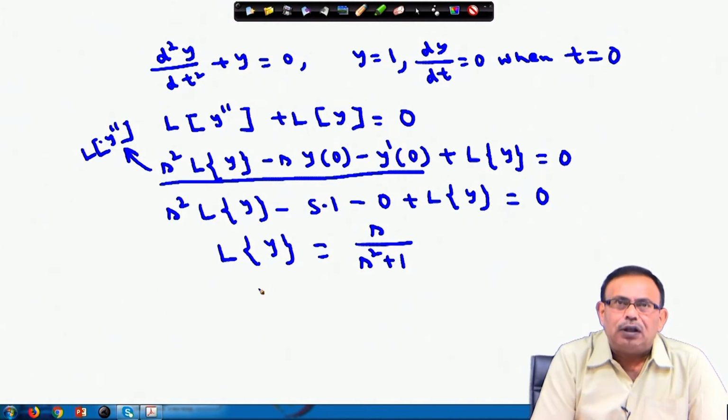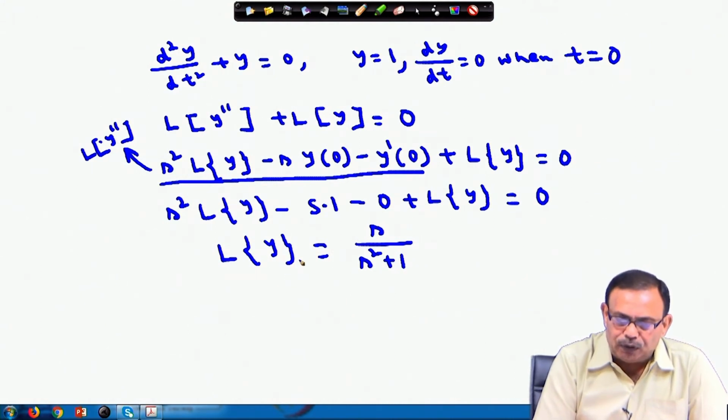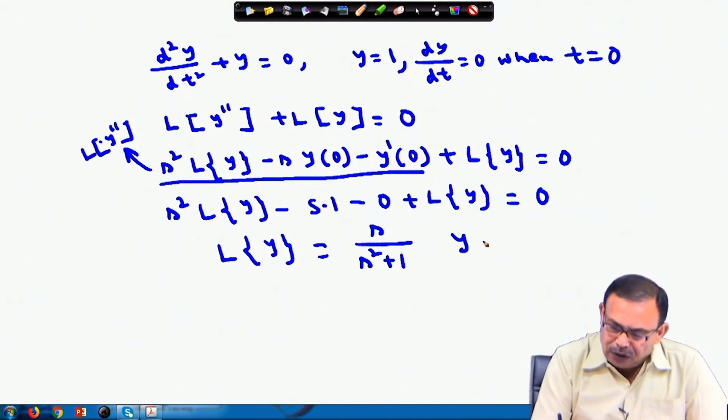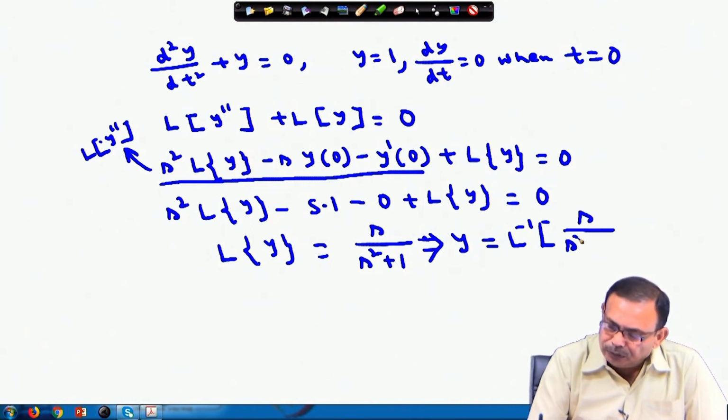So, we got the form Laplace transform of y equals some function of s. Once I obtain this, I can write y equals Laplace inverse of s by s² plus 1.